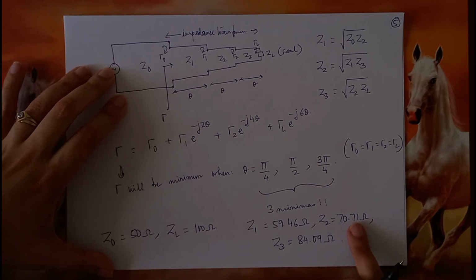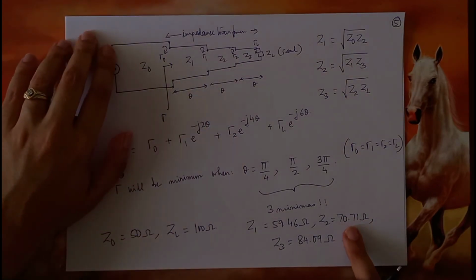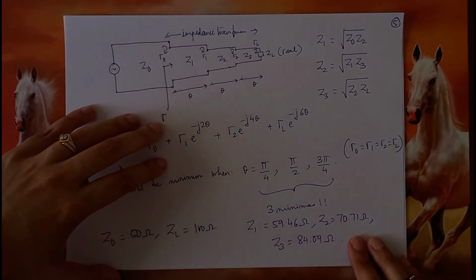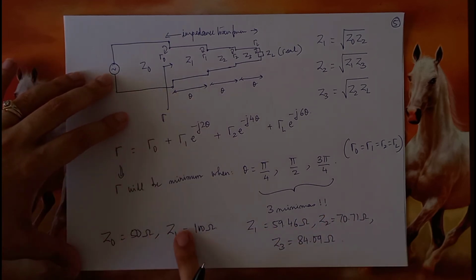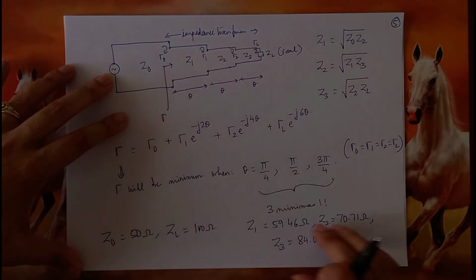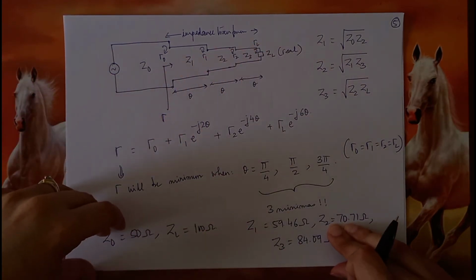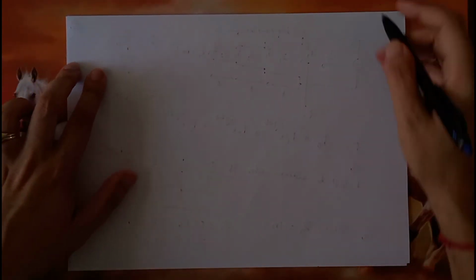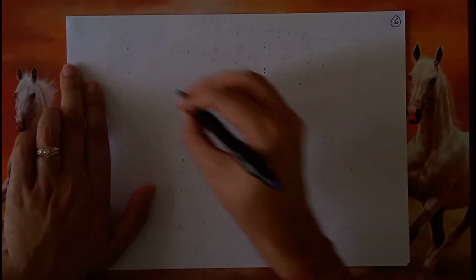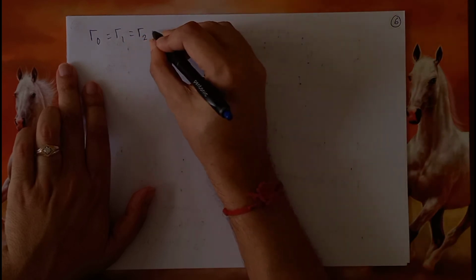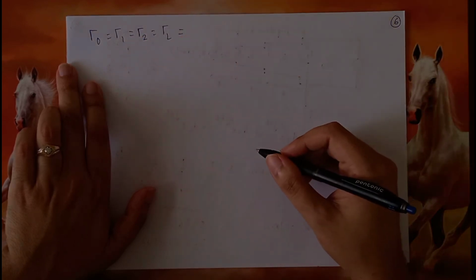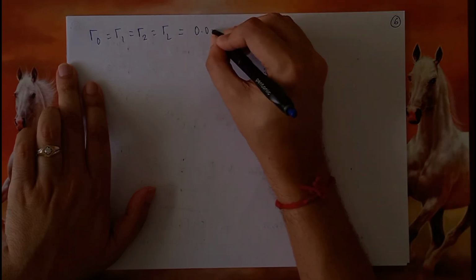Notice something similar. Even in case when we had a single QWT, there was a 70.71 ohms there also. So now, using the Z1, Z2 and Z3 values and the Z0 and ZL values, each of these four gammas can be calculated. So therefore, you can again see that all of the gammas would be equal to each other, and that value precisely comes out to be 0.0864.